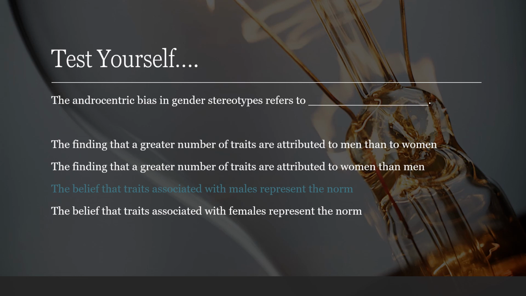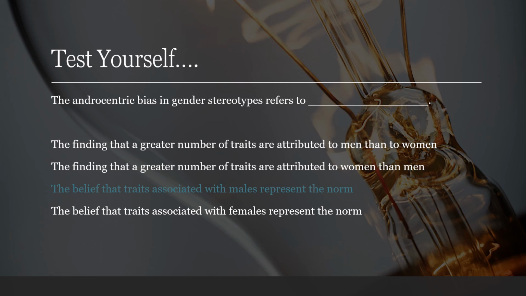If you go back in this video, you'll see some examples of how androcentrism might play out in the workplace, and how women who have some traits that are more stereotypically masculine may be associated with those traits in some negative ways.